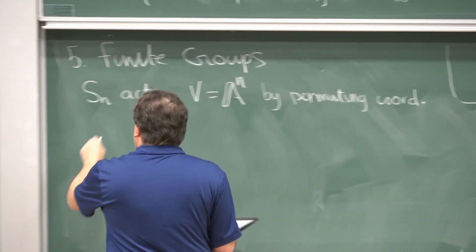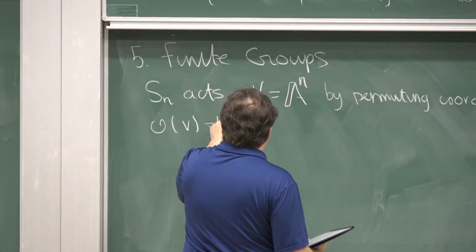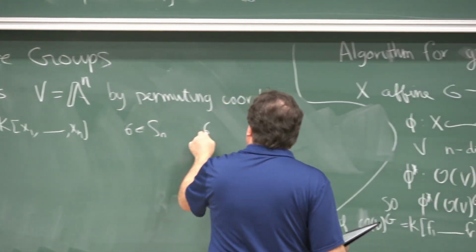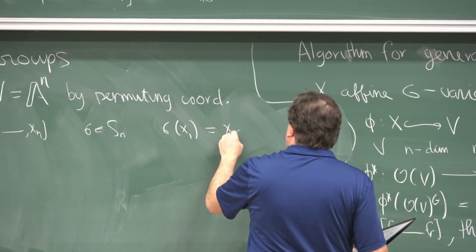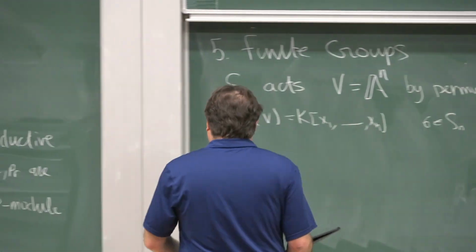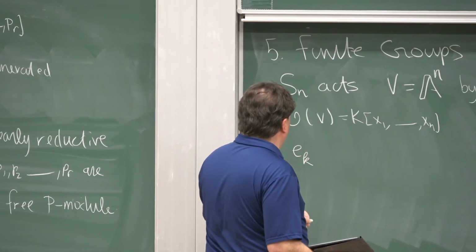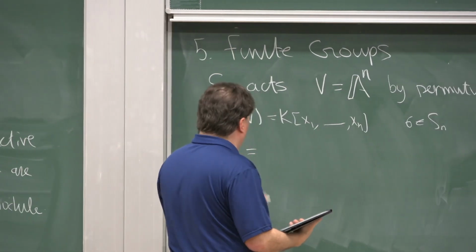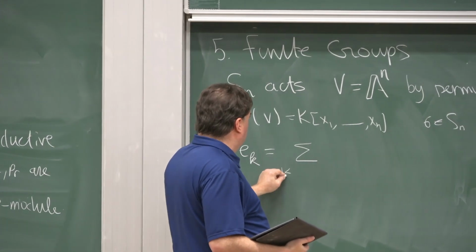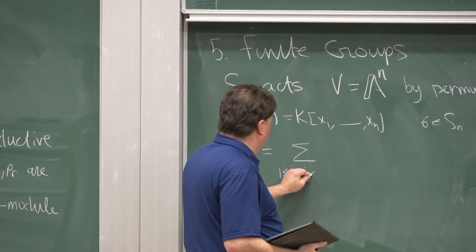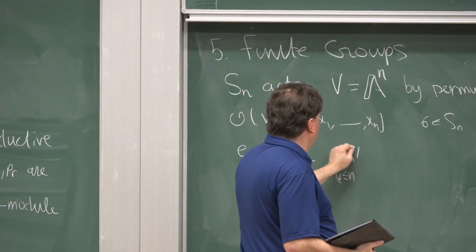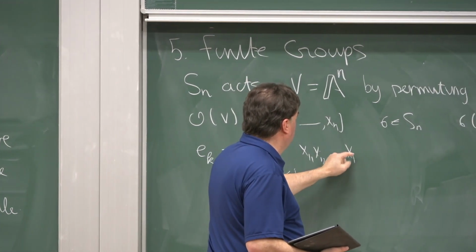Right, so the coordinate ring is a polynomial ring in n variables, right? And if you have a permutation, it acts on xi by sending it to x sigma of i. So then we have the elementary symmetric polynomials that are invariant. The kth elementary symmetric polynomial is given by the sum over i1 < ... < ik ≤ n of x_i1, x_i2 up to x_ik.